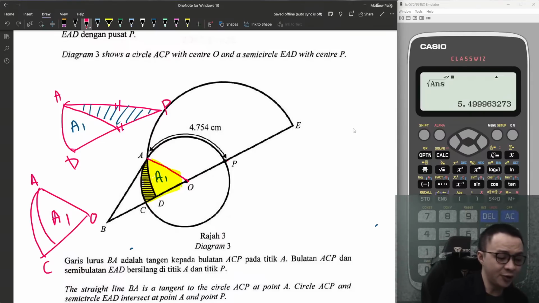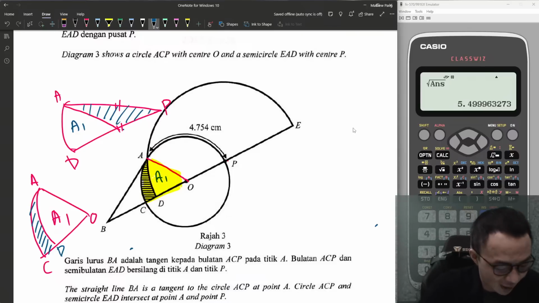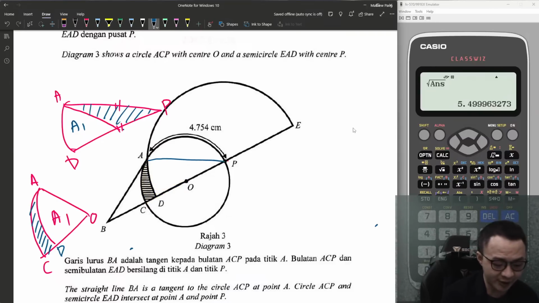So if I use the sector OAC minus A1, I can get the area of the shaded region. Here there is a D. Okay, if you roughly know what I want to do now, then we will start. The first thing is I need to know this length, A to P. I want to find the length of A to P. It will be the radius of the semicircle. Okay, since just now I have this one.